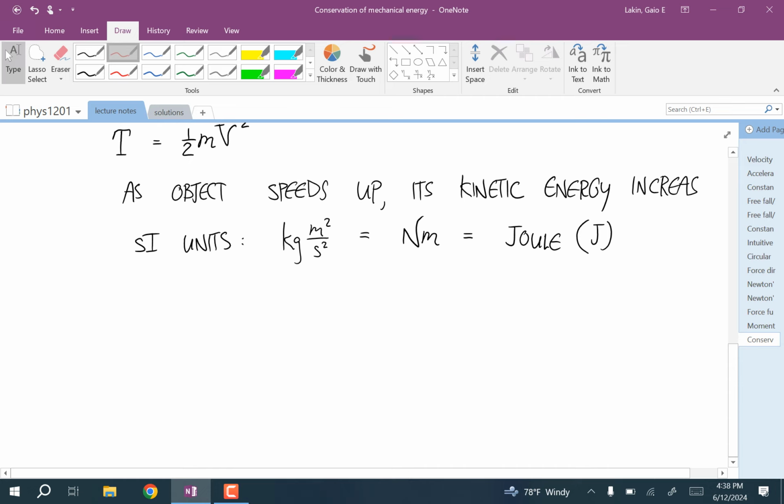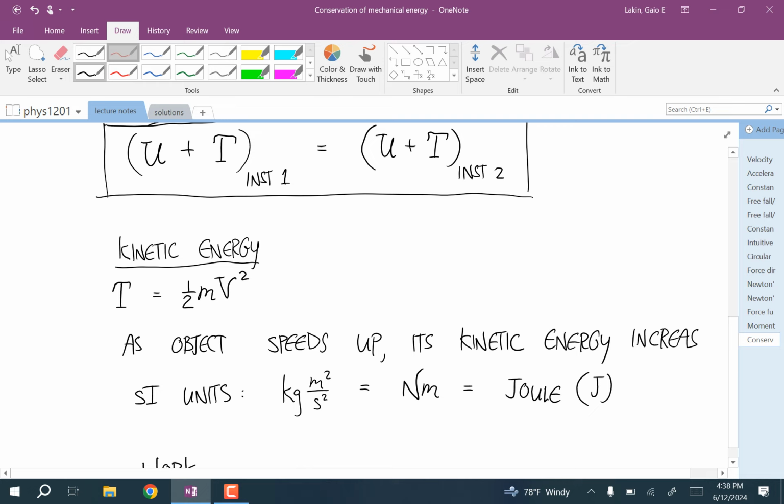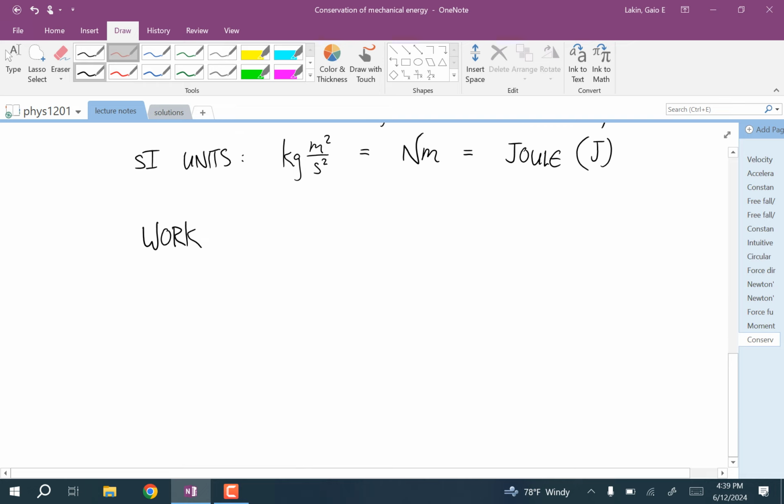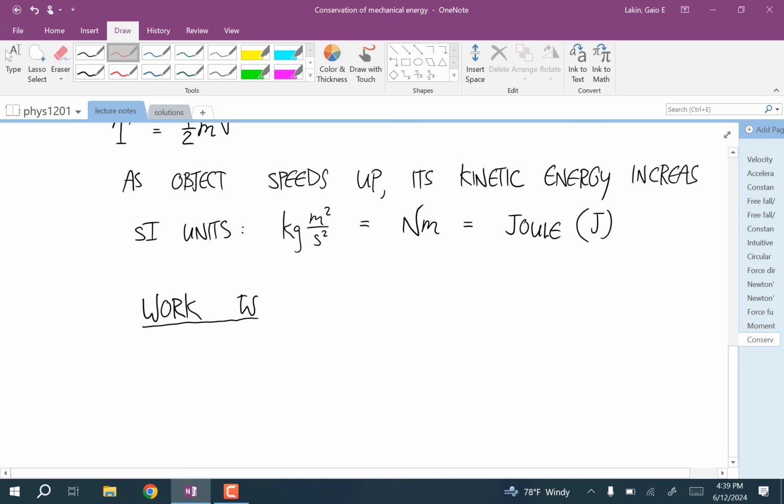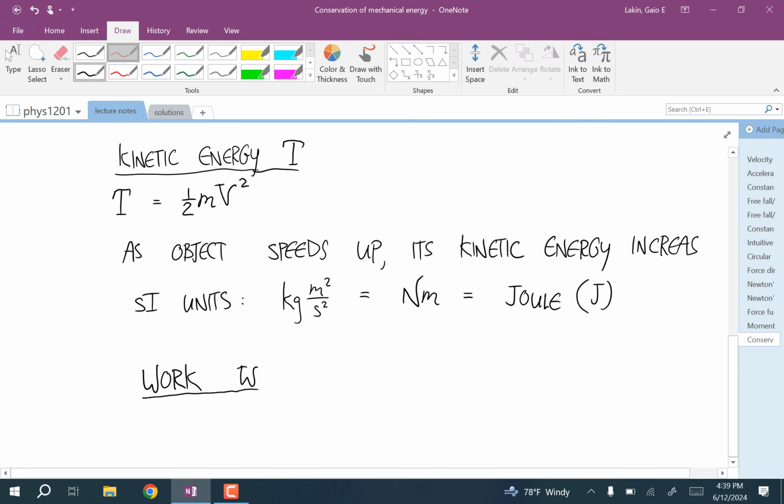Next, we're going to spend a little more time thinking about this idea of work. So the work, this is going to be a capital W. Kinetic energy is an amount of energy that an object has.